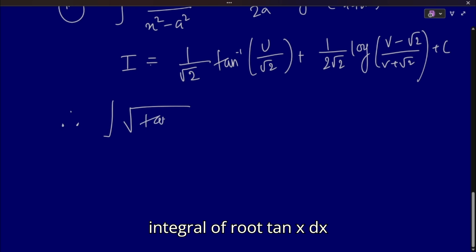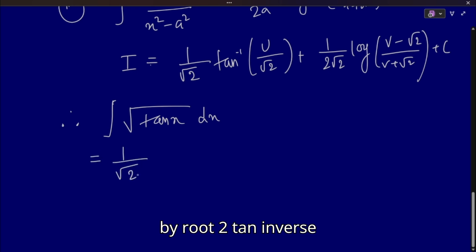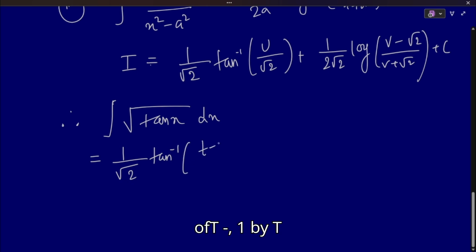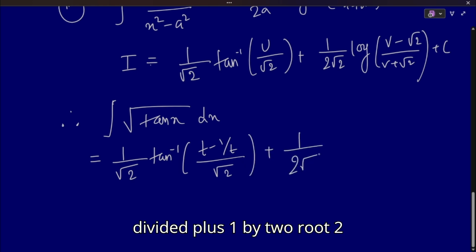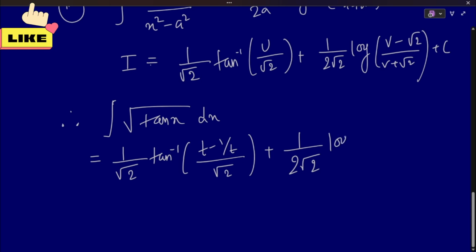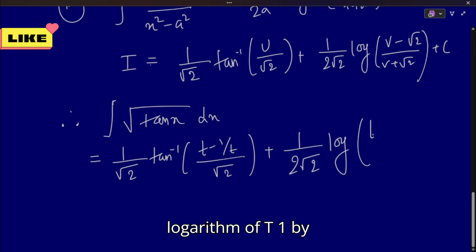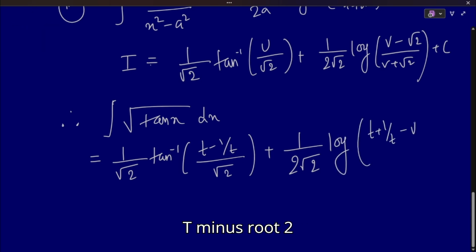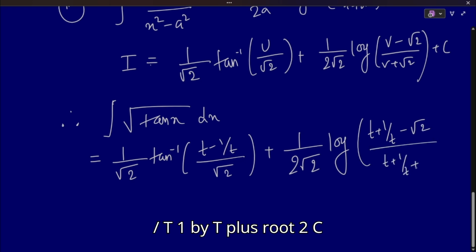So therefore, integral of root tan x dx now becomes 1 by root 2 tan inverse of (t minus 1 by t) by root 2, plus 1 by 2 root 2 logarithm of (t plus 1 by t minus root 2) divided by (t plus 1 by t plus root 2), plus c.